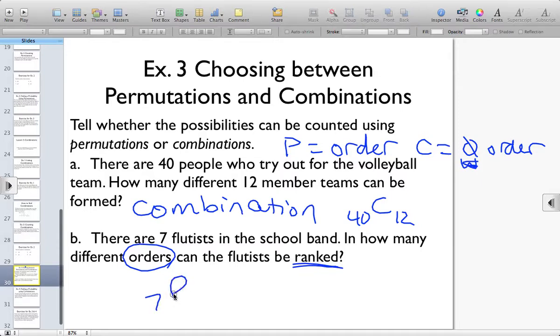So 7P, and then we're taking how many? Well, it doesn't say. So this is actually more of a factorial question. How many different ways can the flutists be ranked? So it's permutation, but we're using the factorial since we're arranging all of them.